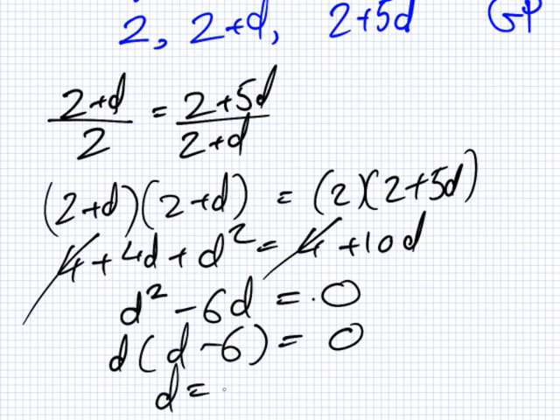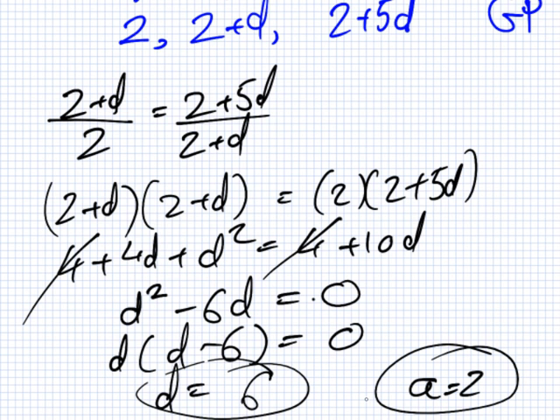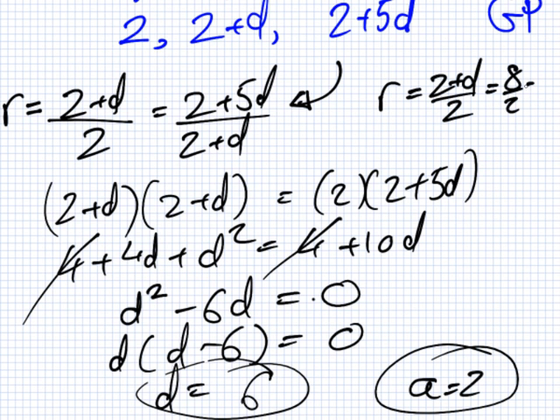So what does d equal? 6. Very good. Now, we know the a. What's the a? 2. And we could know what the r is as well, because remember I said that this is equal to r. So r equals (2 plus d) over 2, which is 8 over 2, which is 4.